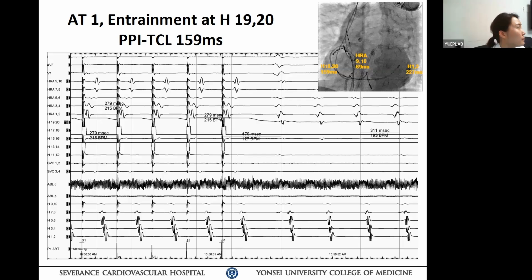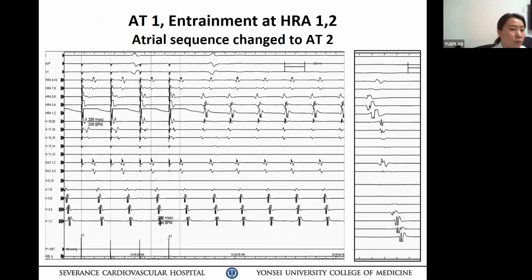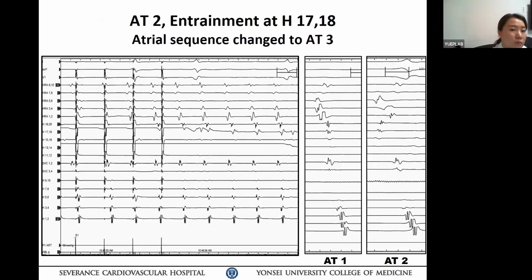technology proving so detailed 3D mapping can overcome the demerits of the entrainment pacing. And if we try entrainment pacing, we need to start just shorter than the tachycardia cycle length, a little bit shorter.